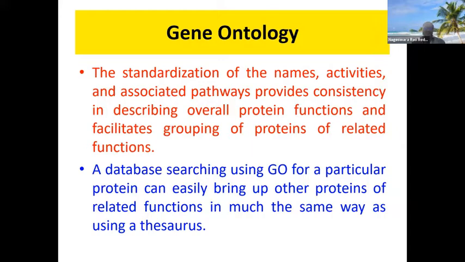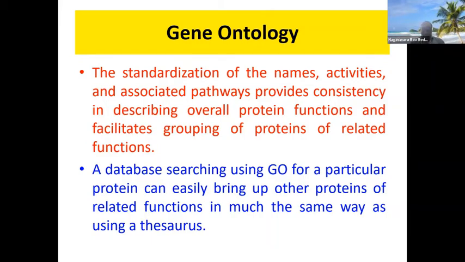The standardization of names, activities, and associated pathways provides consistency in describing overall functions and facilitates grouping of proteins by function. So we already have a gene ontology database. Whenever we have not identified the function using BLAST, motifs, or domains, you can go with the gene ontology database.